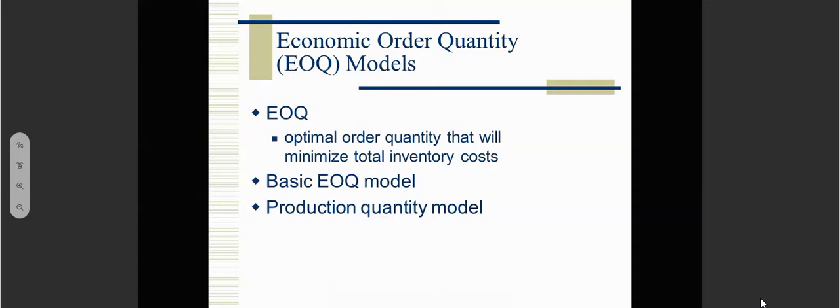So, under the Economic Order Quantity, there are basic assumptions for the model. One of the assumptions of the basic EOQ is that demand is known with certainty and constant over time.